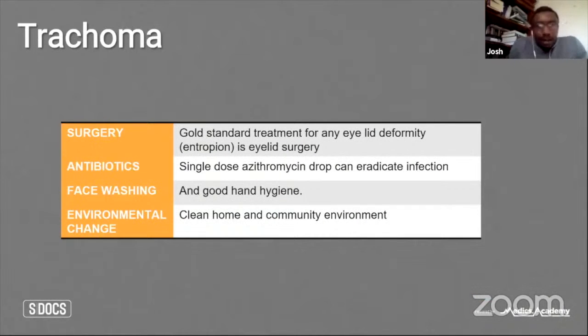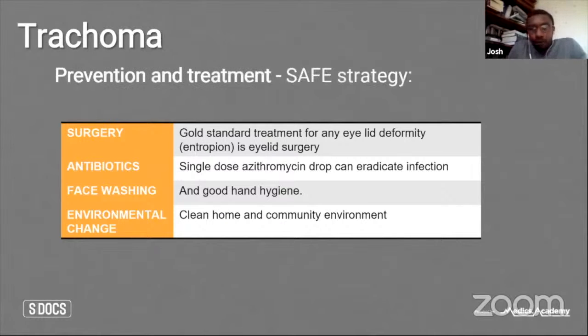So we prevent and treat trachoma with this SAFE strategy. That's what global health interventions revolve around. In terms of treatment, it's surgery or antibiotics. Surgery is the main treatment for any eyelid deformity, in this case entropion. And antibiotics, a single dose of azithromycin can eradicate the infection.